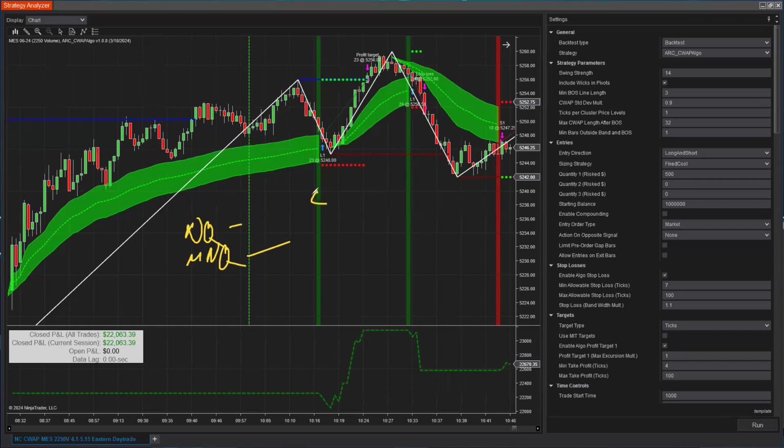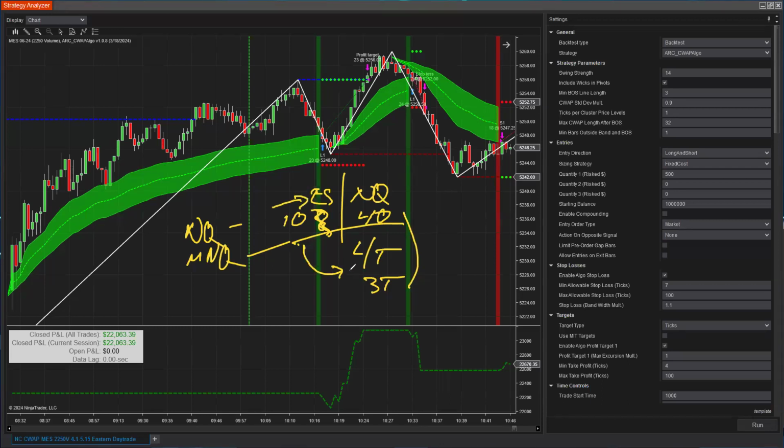Like if you have an ES that has a 10-tick range, let's say, to make it even math, and NQ might have 40 ticks per minute, then you may want to lump 4 ticks together or 3 ticks together in NQ so that you can use your ES settings in NQ.